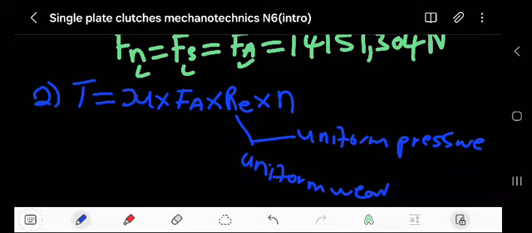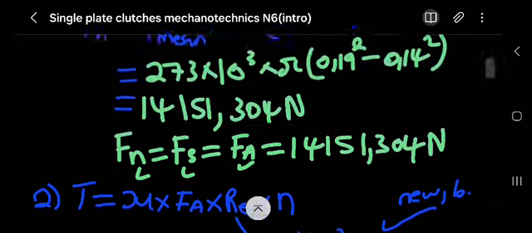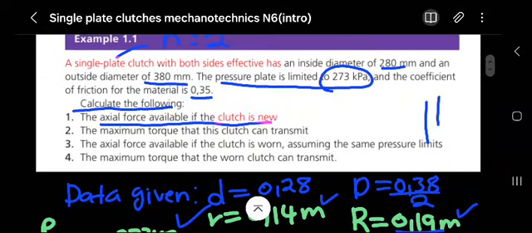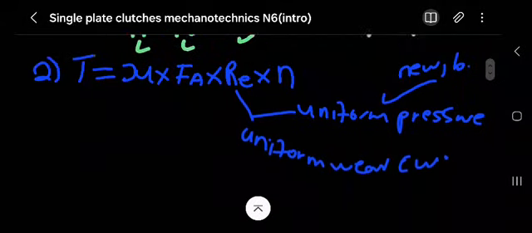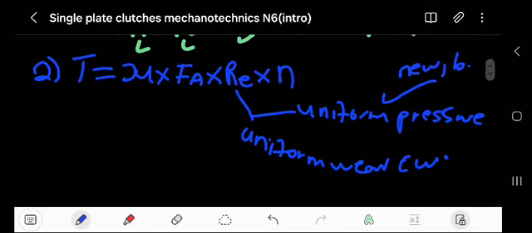When you are dealing with new or brand new clutches, here we're dealing with one old thing. So let's check what we are given here. They say new clutch. If the clutch is new, then we're dealing with uniform pressure theory. That means now we'll be very careful here.